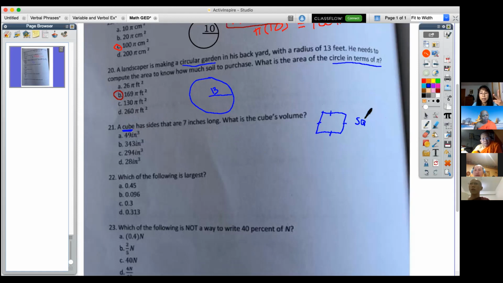But in three dimensions, we call that a cube. Cube means all sides are equal. So a cube has square faces.